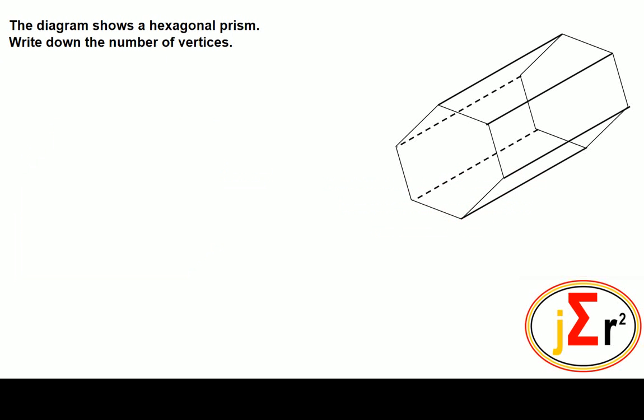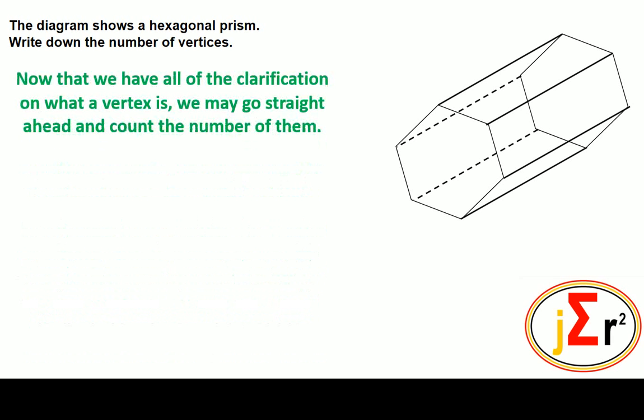The diagram shows a hexagonal prism. We are going back to our original diagram, of which we need to write down the number of vertices. Now that we have all of the clarification on what vertex is, we may go straight ahead and count the number of them. 1, 2, 3, 4, 5, 6, 7, 8, 9, 10, 11, 12.